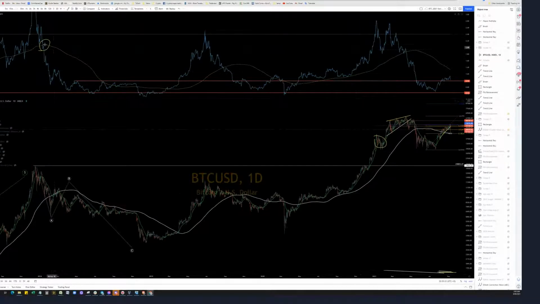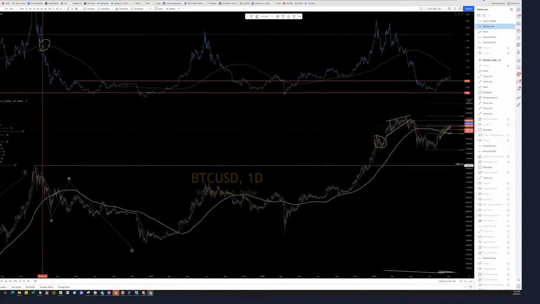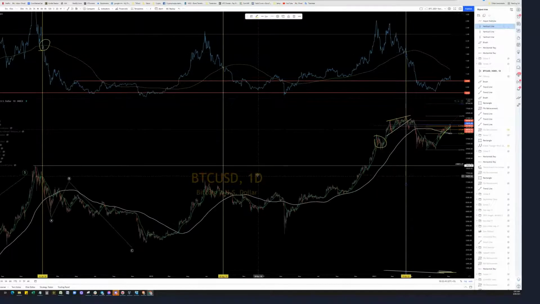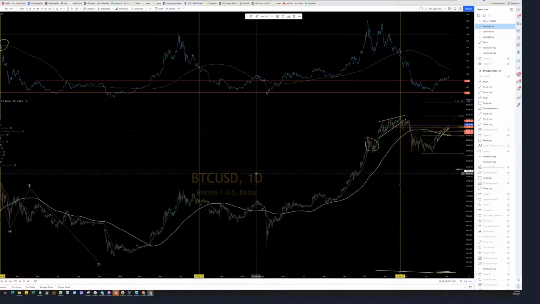Historically it's a changing trend. We had another one here, changing trend, and another late one right there, changing trend. So this Maya multiple gives us a good exit zone.